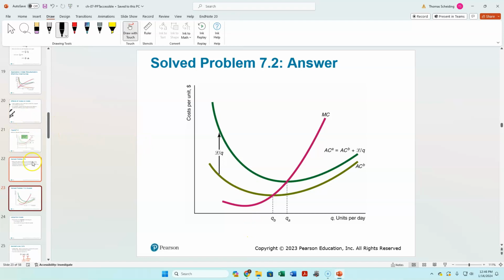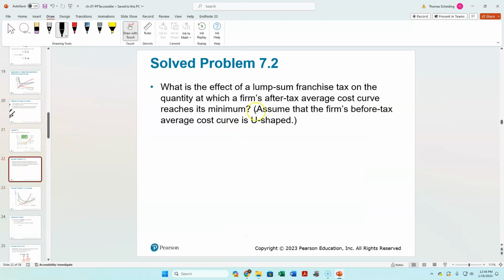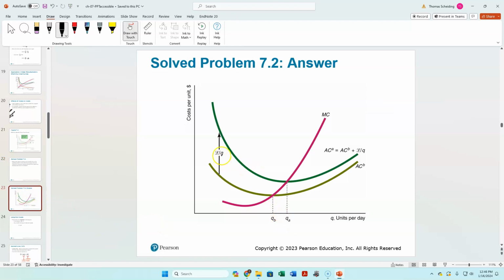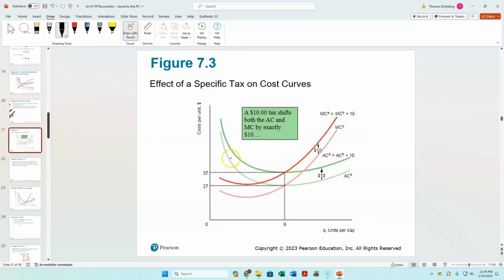But now, because it's not a specific tax but rather a lump sum tax, I can spread out that tax over a larger number of units. As we go further and further to the right, the difference between the two gets smaller because that franchise tax is now spread out across more and more units. Whereas here, we had for the most part a parallel shift between the two because it was just $10 per unit sold.